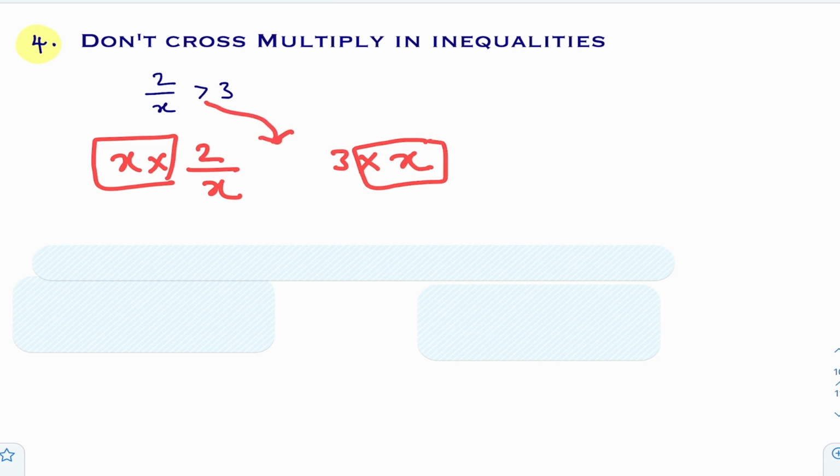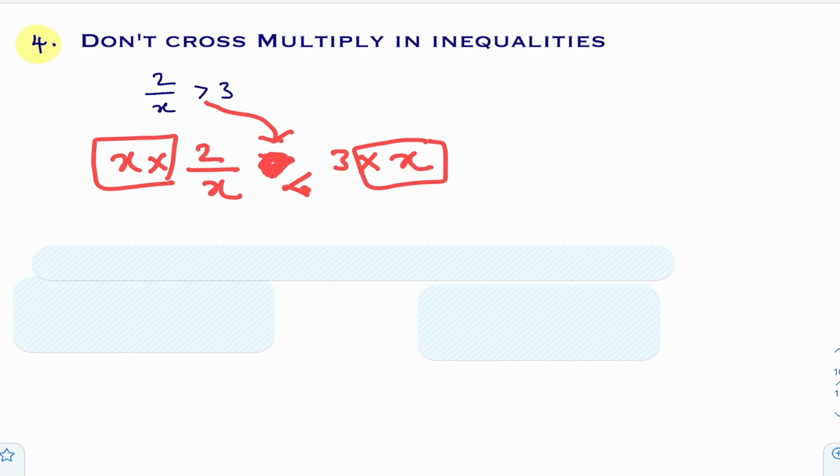For that, you need to know whether x is positive or negative. If x is positive, the inequality sign remains the same. I hope you are understanding. Rule number 2: for an inequality, if I multiply with a positive real number, the inequality sign remains the same. In case x is negative, when I multiply with x on both sides, the inequality sign changes. This greater than changes to less than.